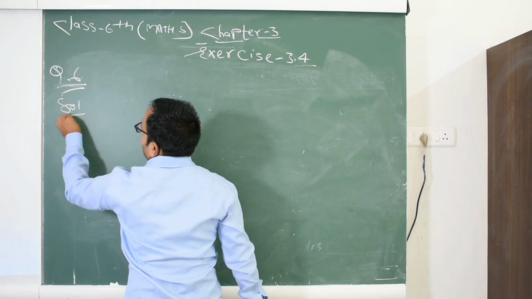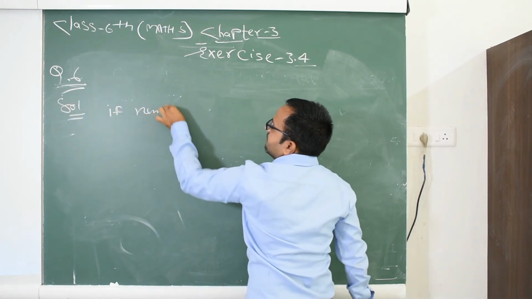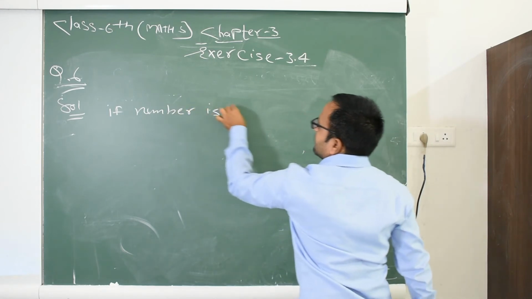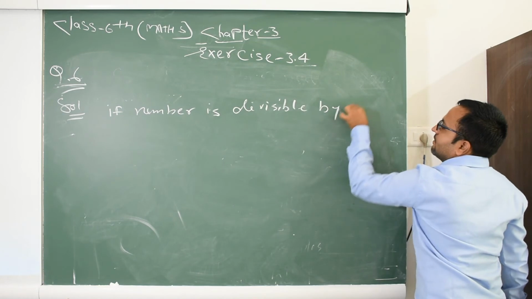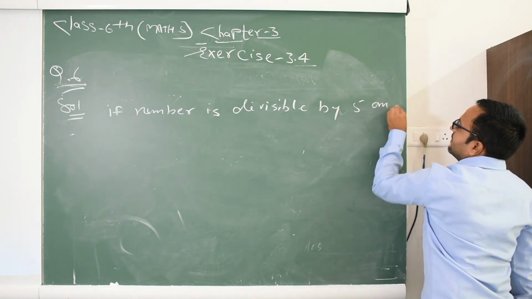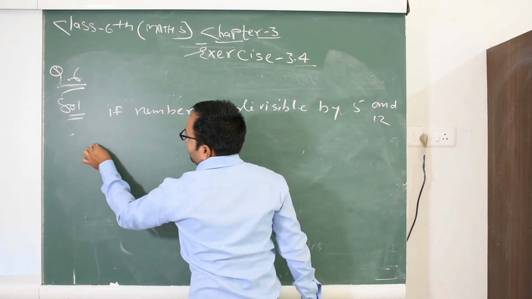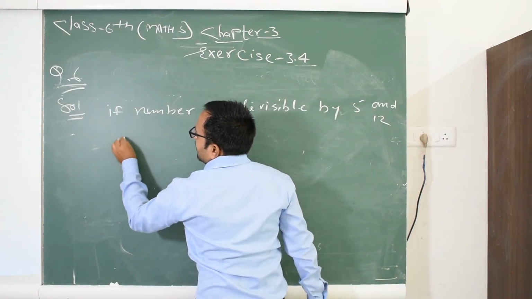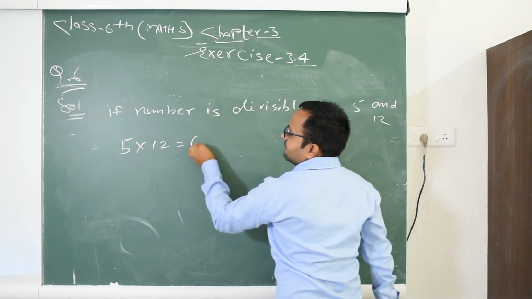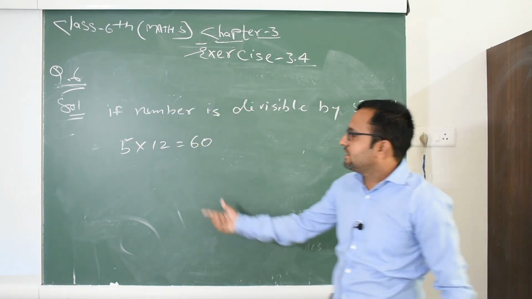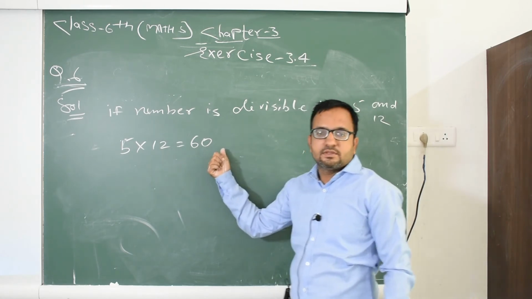Solution: if a number is divisible by 5 and 12, then 5 times 12 equals 60.